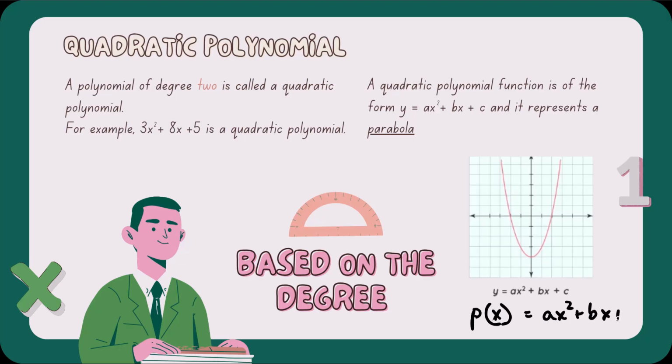Okay, you can write y, or you can write p of x, k of x, g of x as a function. Okay, now a quadratic polynomial function is of the form y is equal to ax square plus bx plus c, and it represents what shape? A parabola, right? It's a u or an inverted u. Okay, and how this u is created, we'll look into it closely.